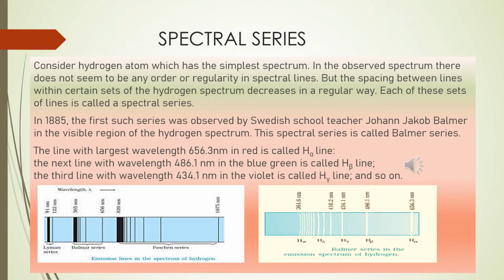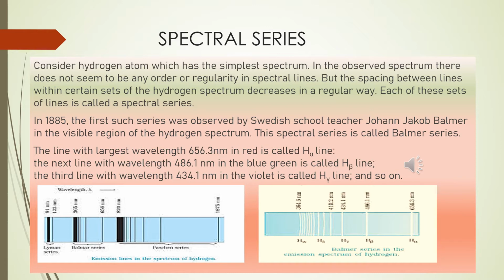Consider a hydrogen atom, which has the simplest spectrum. In the spectrum, there was no order or regularity in the spectral lines. But the spacing between lines within certain sets of the hydrogen spectrum was found to be decreasing.